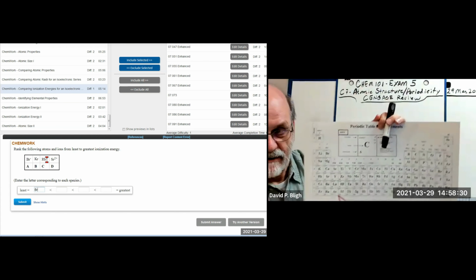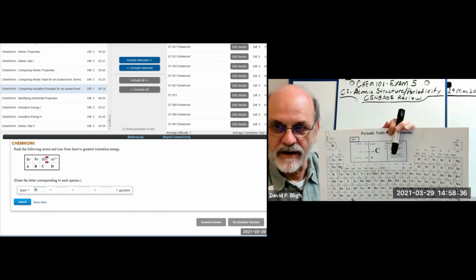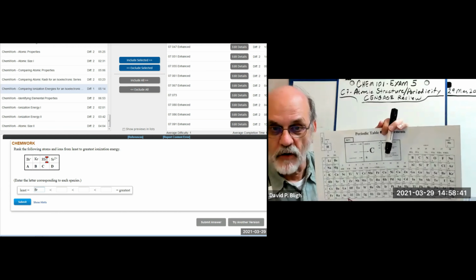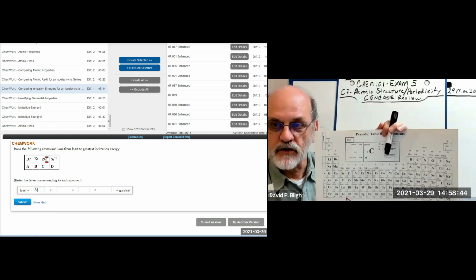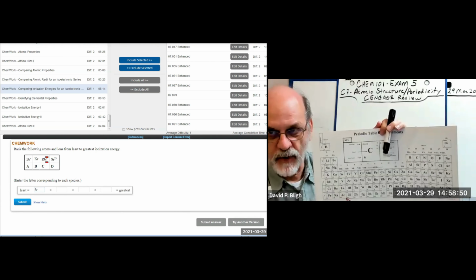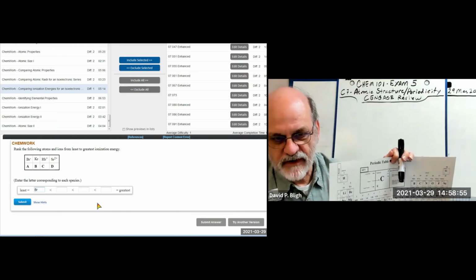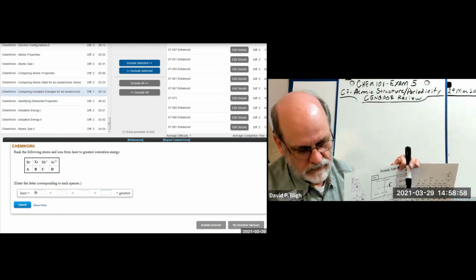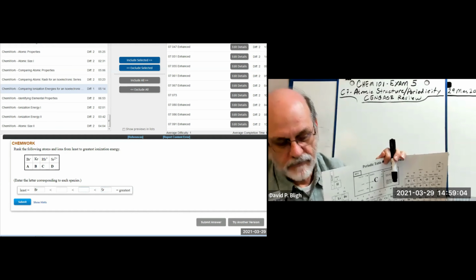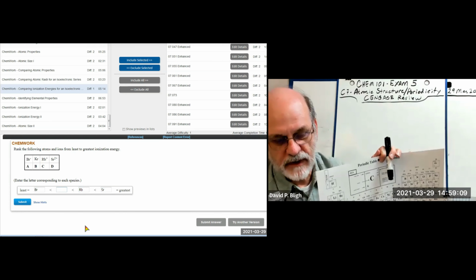So it's not just the core electrons that we consider, but how many protons are there holding them together. So the most energy will be required to remove a core electron with the highest number of protons, which would be strontium. So strontium should be the highest. And the next one should be rubidium. And this middle one should be krypton.